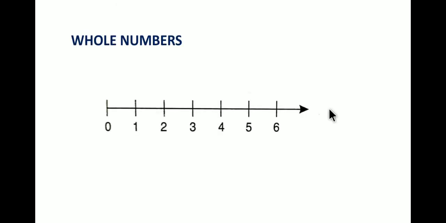Similarly, we have whole numbers which start with 0 as the first or smallest number, and like the natural numbers, it moves on to infinity, and here the arrowhead again represents the continuity of the number line.